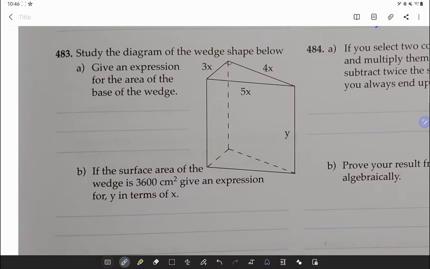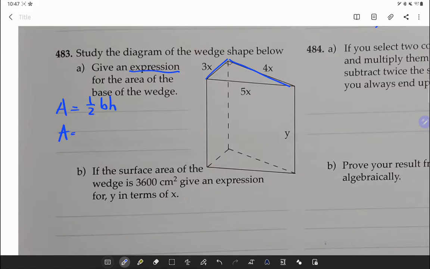483. Study the diagram of the wedge shape below. Give an expression, so that's just an equation, an expression itself, for the area of the base of the wedge. That one there. I assume it's the same as that, because it's a wedge. Cool. The area of a triangle is half times base, or width, or whatever it is, times height, which in this case is just that one and that one, not the 5x.